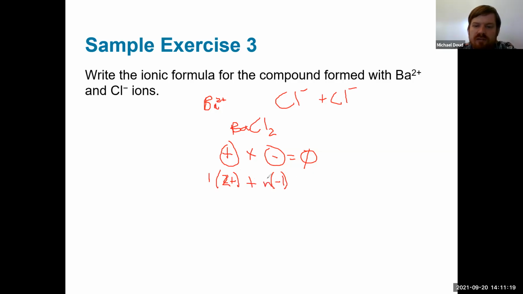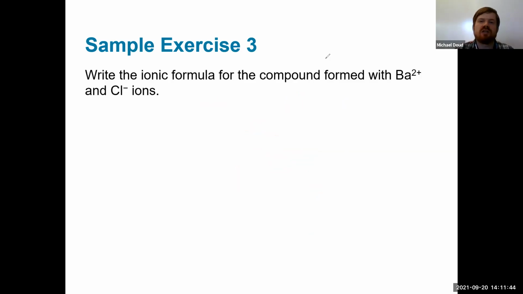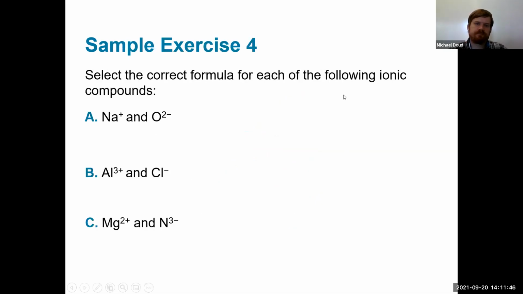So let's just put N times -1, and that has to equal 0. So we need N chloride ions. If we solve for this, we get N times -1 equals -2. Divide both sides by -1. That gives us N equals 2. In other words, we need 2 chloride ions for every 1 barium ion. If you like algebra, that's an easy way that you can do this.